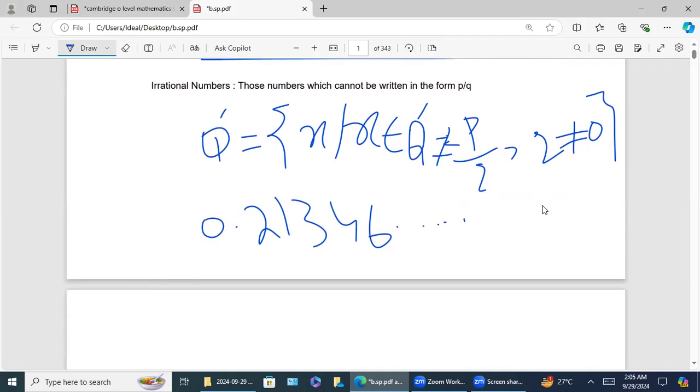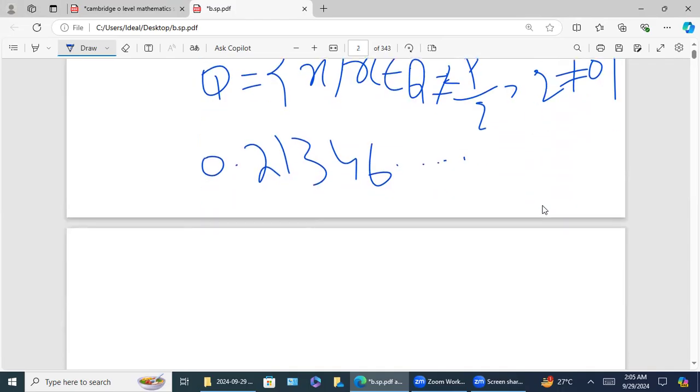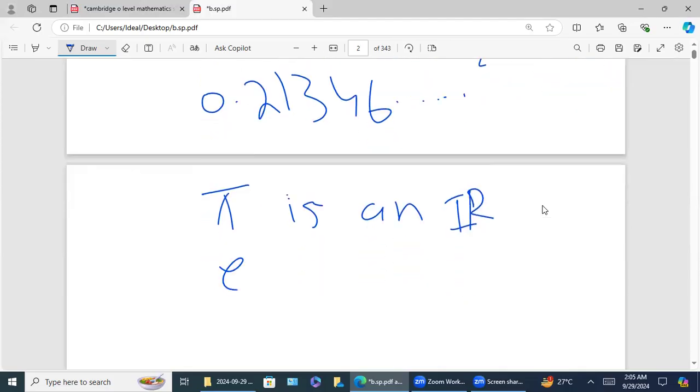Those numbers which are non-terminating and non-recurring, these types of numbers are called irrational numbers. One good example: pi is an irrational number, and also e is an irrational number.